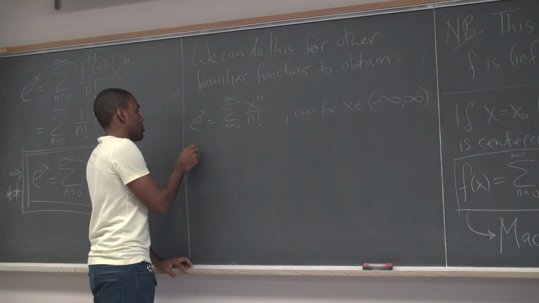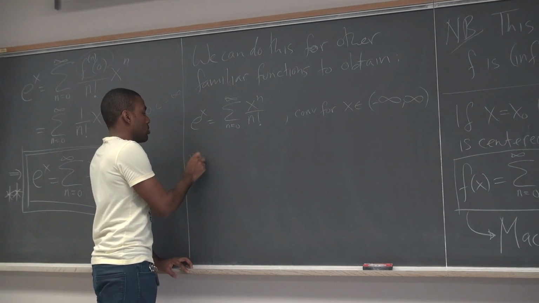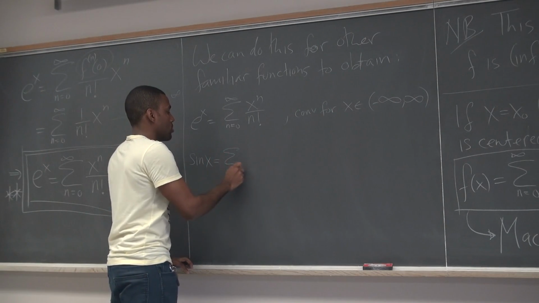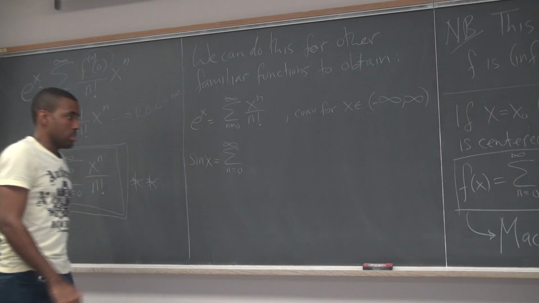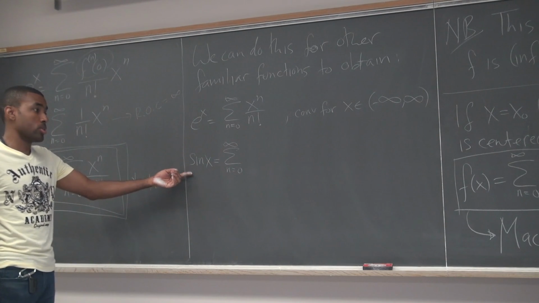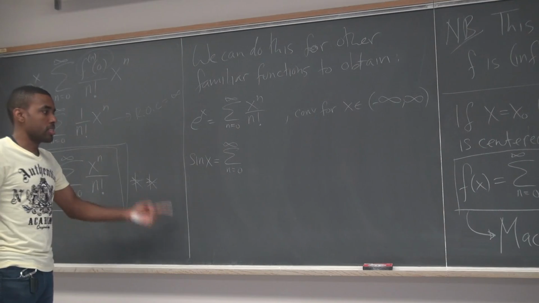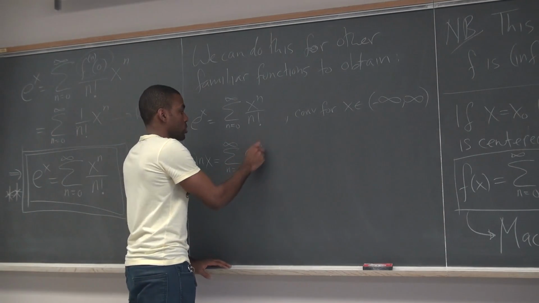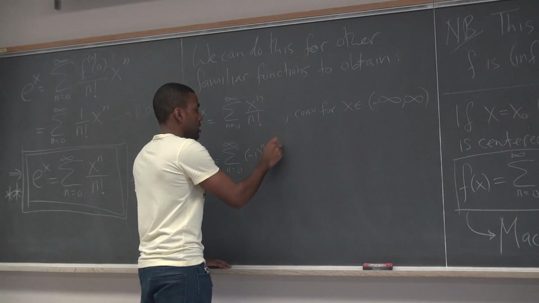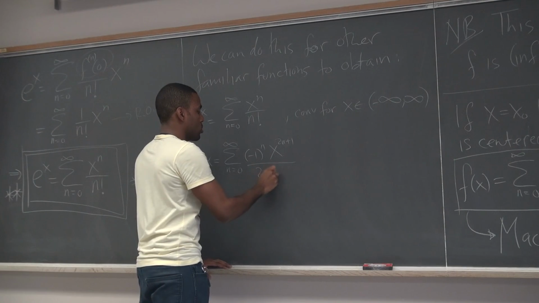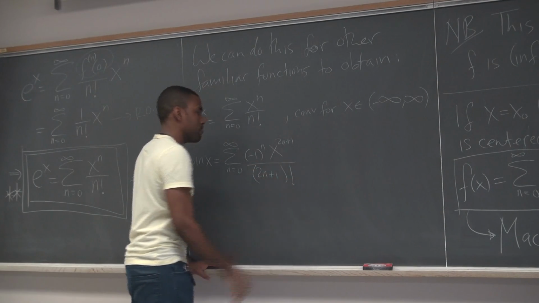So let's move on. Another function you should know, something like sine of x. If you do sine, you're going to realize that the derivative is cosine, but then the derivative of cosine is minus sine, and then you're going to have alternating signs. So this guy actually has a minus 1 to the n in it. There's going to be an x to the 2n plus 1 over 2n plus 1 factorial.